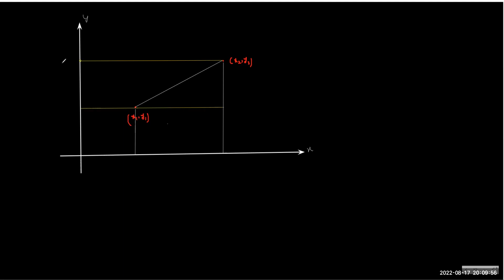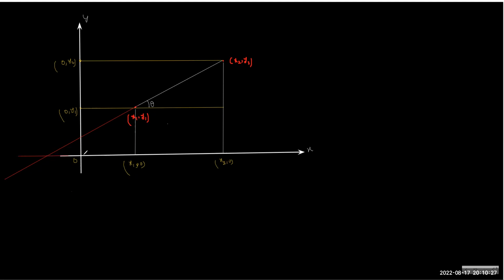And this point is nothing but 0 comma y2. This is x1 comma 0. And if I call this angle theta, and if you extend this line further, the slope is defined as, anyone idea how we define the slope?